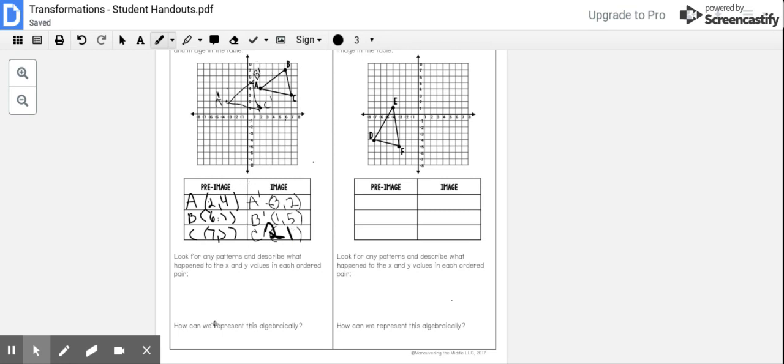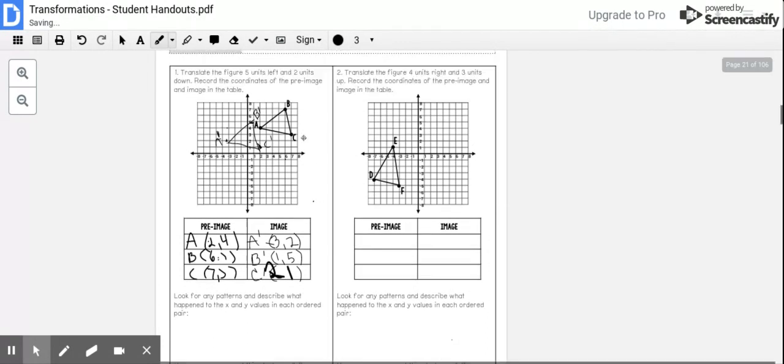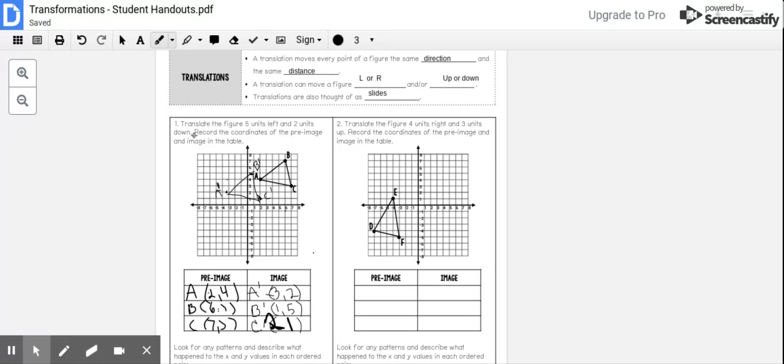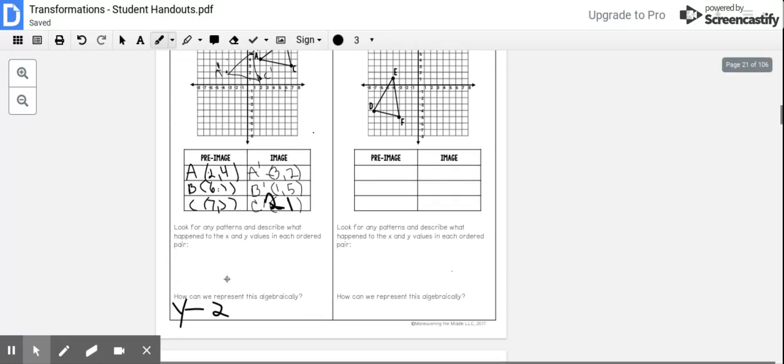So for the algebraic way, you would write Y, because it's your Y-axis, and it's subtracting 2 every time, so we do minus 2. You can also look at the words, and up here, 2 units down, going down represents subtracting, and so that would be your Y minus 2.